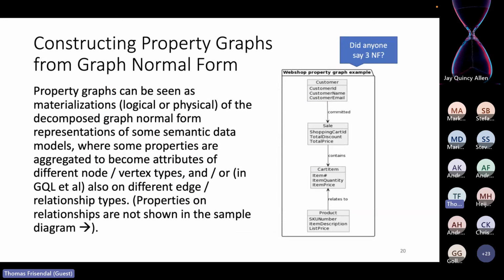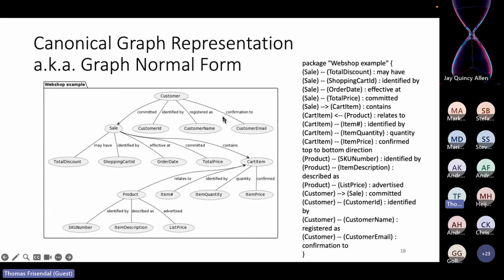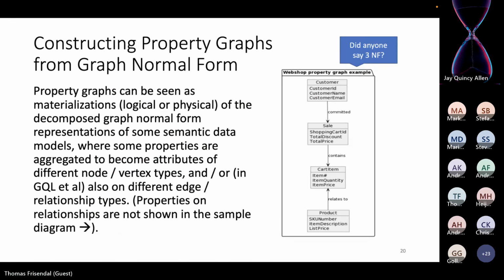So having a canonical graph representation of your metadata components enables you to do projections or materializations into many different formats. Here is a property graph derived from this canonical form, but looking suspiciously like a third normal form SQL construct, right?